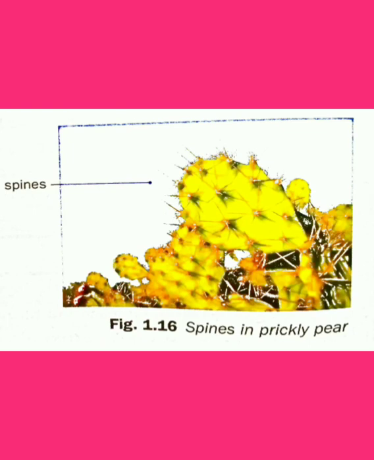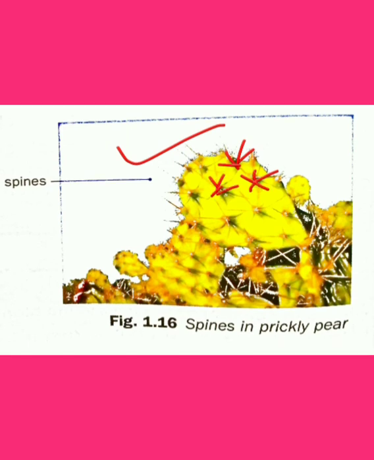Even the leaves of some desert plants such as prickly pear are reduced to prickly structures called spines. So these are the spines. It has the same function, meaning it also protects the plant from grazing animals.